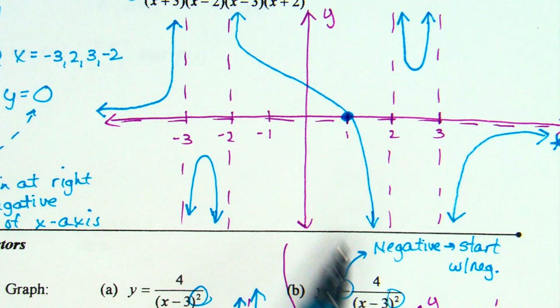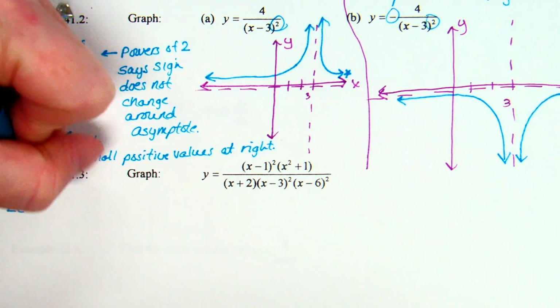Well, it won't necessarily be a V, it's like a curve. It's going to touch it. Remember zeros, if they're odd powers, they cross through. If they're even powers, they touch. So if it's all right up above, it'll touch and go back up. It won't cross through, it's going to touch.